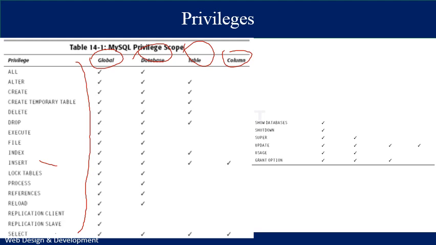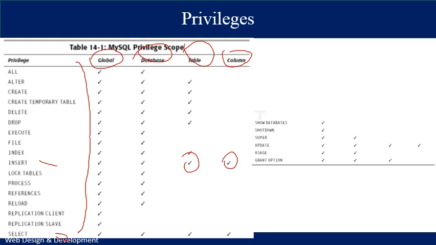Select can be assigned at all levels, so any user can insert or select values from your databases or columns. So if you restrict the insert statement, you cannot add any column into the databases, and if you restrict the insert on the table, you cannot add any further table in your databases.